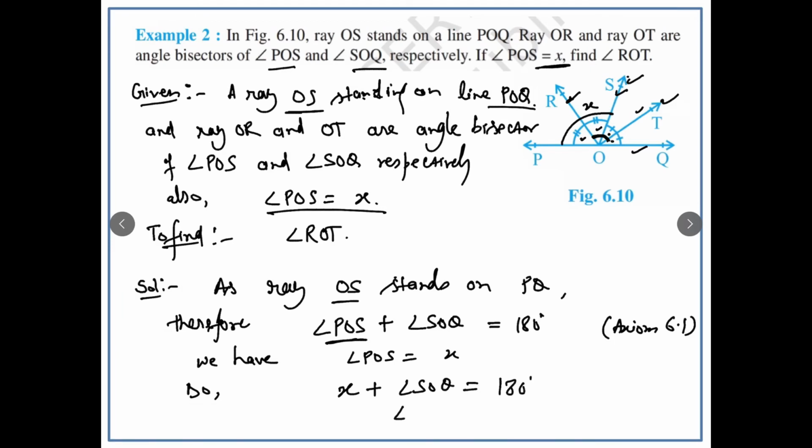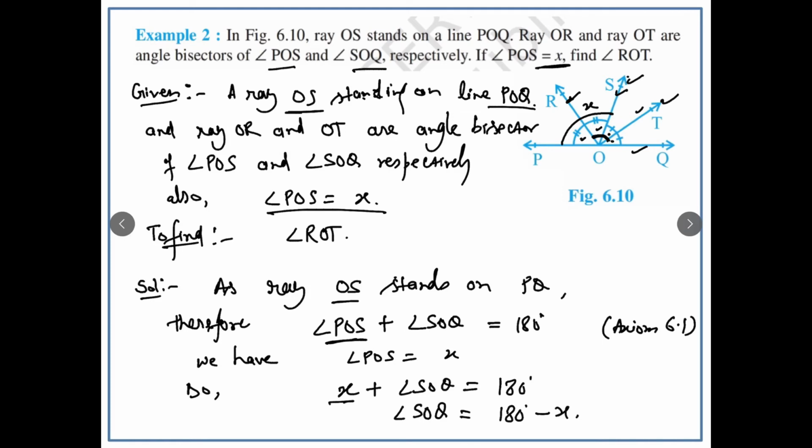From here angle SOQ will be equal to 180 degrees minus x, when you shift this x to the other side.